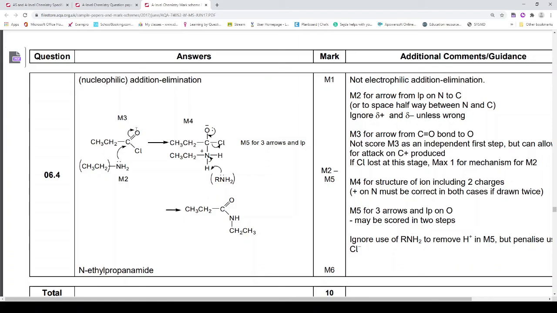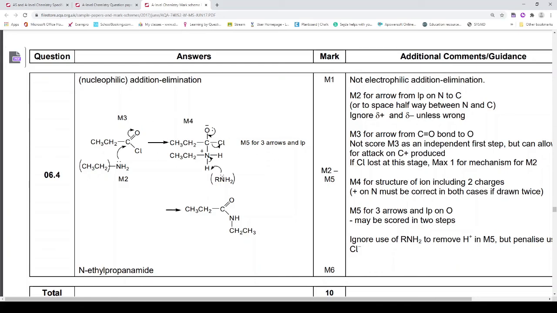The curly arrow coming from the bond to the oxygen. Then we've got our intermediate structure. These have shown this as a simultaneous step. You can show this in 2 steps like I do. It's not a problem. Now, this final step, so this top step here, oxygen reforming the carbonyl and the chloride being kicked off, that's all happy days.